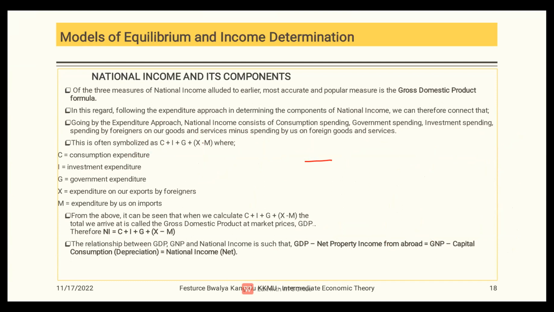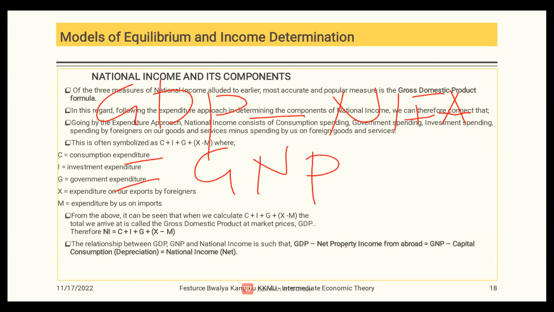Now the relationship between GDP, GNP and the national income is such that GDP plus the net property income from abroad gives us GNP.